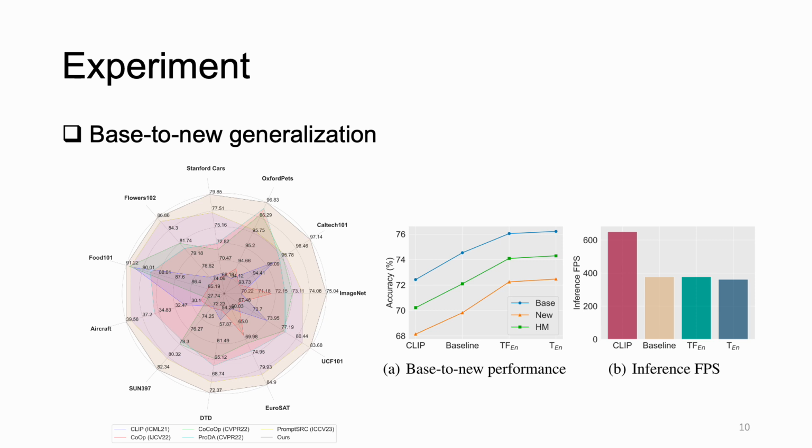But we can see with the ensemble learning, we achieve a new state-of-the-art performance, which always surpasses the previous methods by large margins. And also, we do not incur a lot of inference delay. Compared with the performance improvement, it is reasonable.